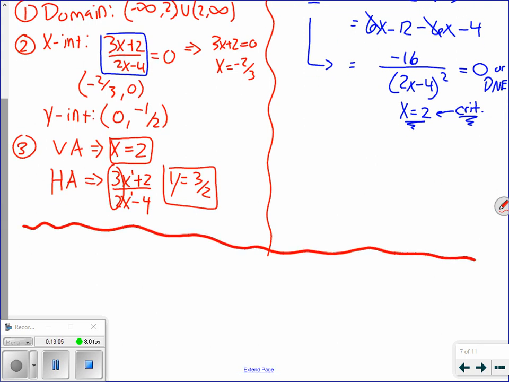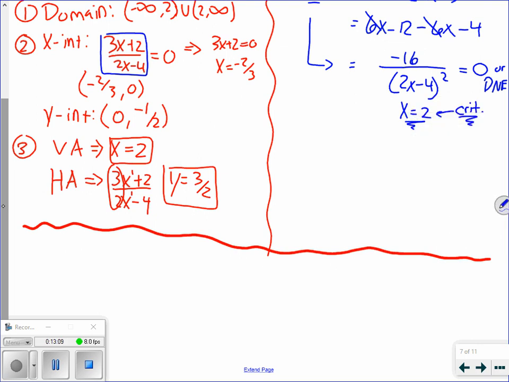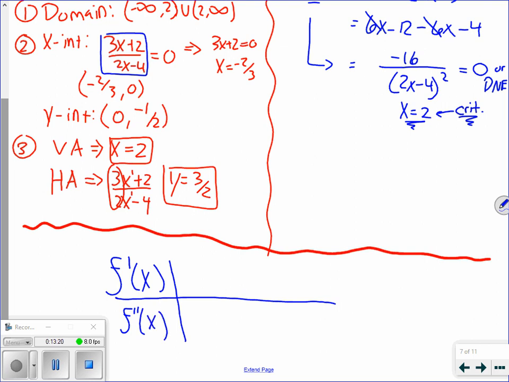So I'm going to do it right here. I'm going to say that we got f prime of x, and I'm going to have f double prime of x. Remember how important this number line is for graphing. I think it's good to have it pretty close by. So we have 2 as the only critical point. It happens to be a point that's undefined.